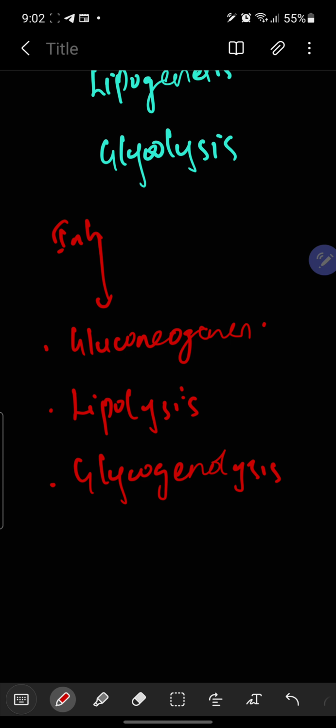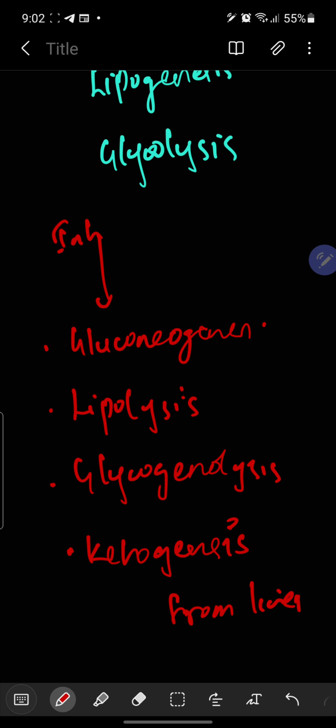Now it will also inhibit ketogenesis from the liver. So formation of ketone bodies from the liver will be inhibited by the insulin molecule.